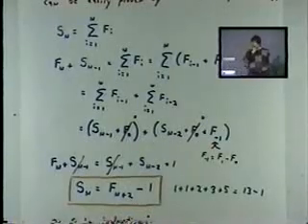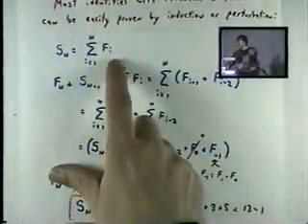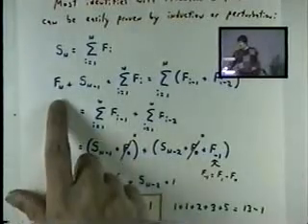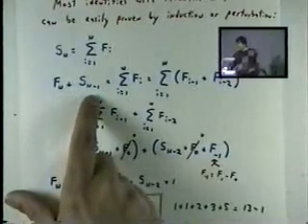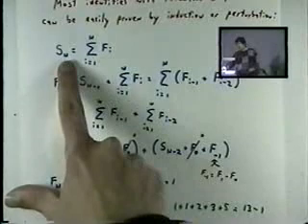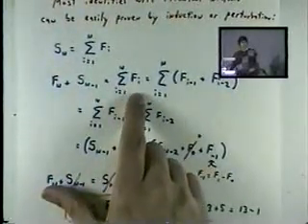Well, let's take a look at it. First, let's define S sub n as the sum of the first n Fibonacci numbers. By definition, f sub n plus S sub n minus 1 is S sub n, right? Which is the sum of the first n Fibonacci numbers.